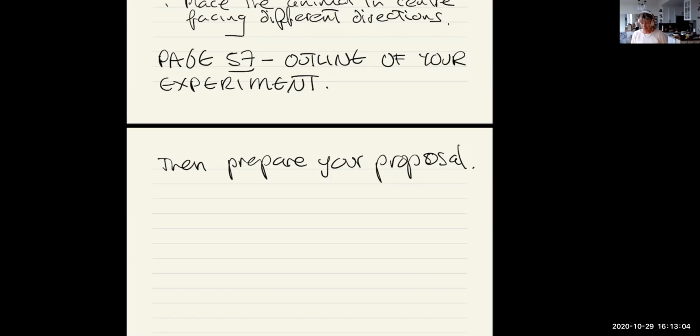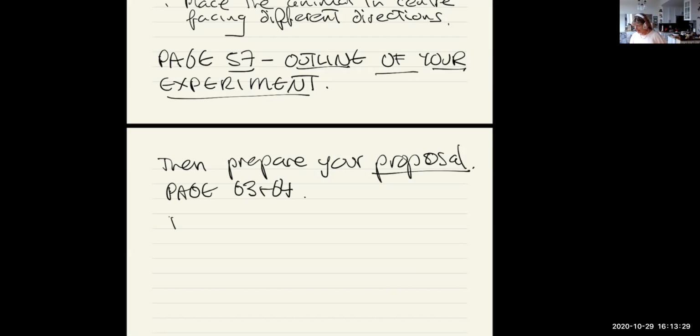So your proposal to the class is on pages 63 and 64. But you're using the outline of your experiment to put together your proposal.